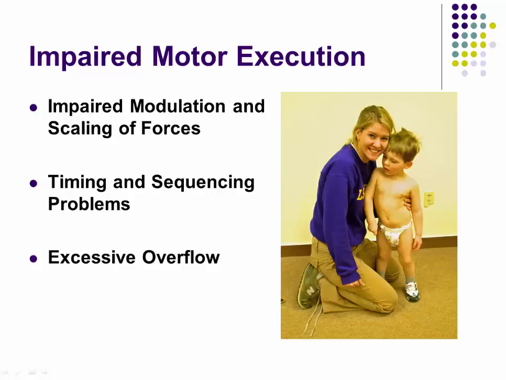So they might walk, but then they have to go up against a wall or a piece of furniture to stop because they can't decelerate. Their timing and sequencing, their coordination, will be affected. They're going to be very slow in their performance because they have problems stopping the muscle contraction, and their reaction time is also much slower.